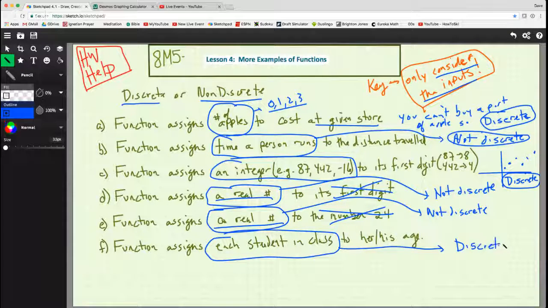discrete. Right? Because there's only 5 people in the class, 10 people in the class.